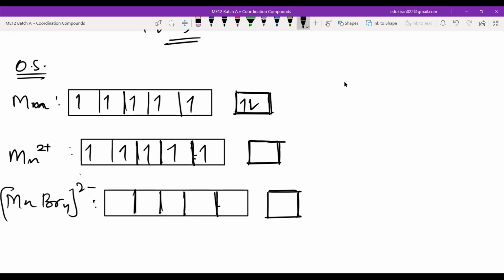So tell me whether there will be pairing or no pairing. No pairing, right? Because we have to retain the 5 electrons, because we have calculated that there are 5 unpaired electrons here. And hence we will need 3 more vacant orbitals.